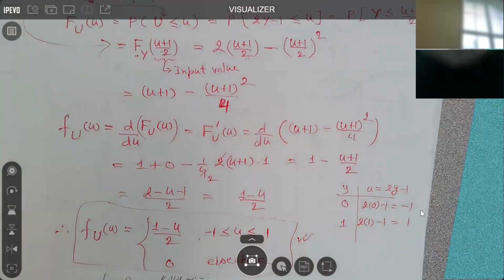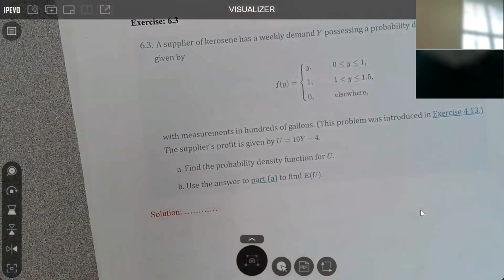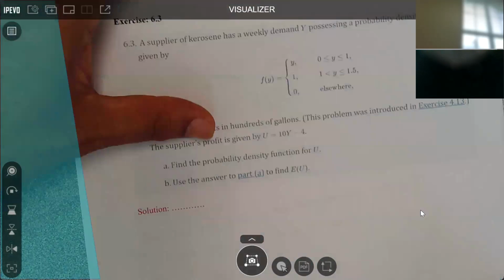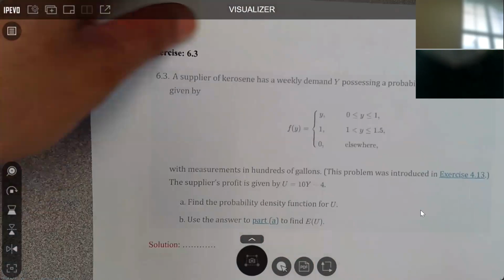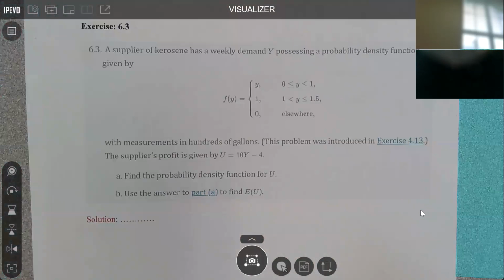So this one here. Now this one here. This is exercise 6.3.